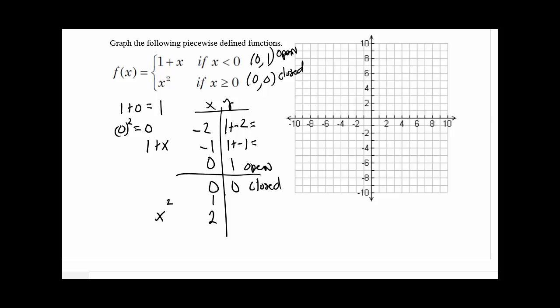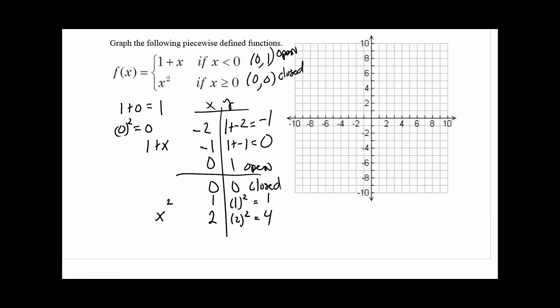Here we have 1 squared, and here we have 2 squared. Okay, so 1 plus -2 is -1. 1 plus -1 is 0. That would be 1, and that would be 4.